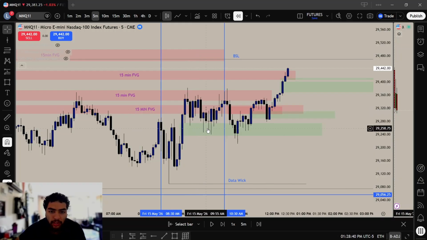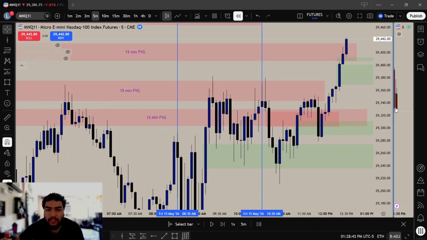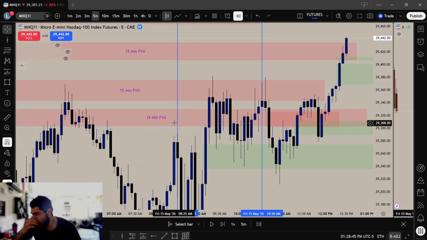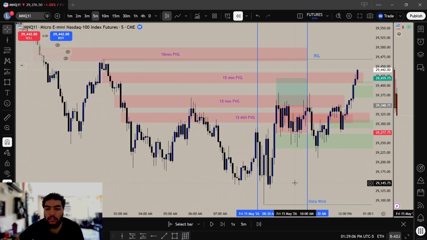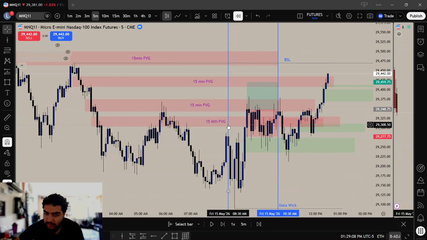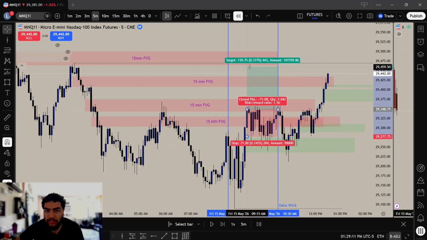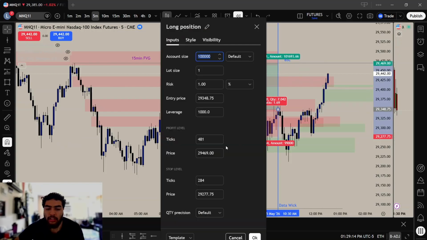If anything, if this was my only 15-minute fair value gap right here, I would have taken this. So if I didn't have these top 15-minute fair value gaps, and the only imbalance in the market in the 15-minute time frame was right here, this is the trade I would have taken, because this 15-minute fair value gap would have got disrespected, and I would be aiming for this buy side liquidity, and I would do a 1-to-1.